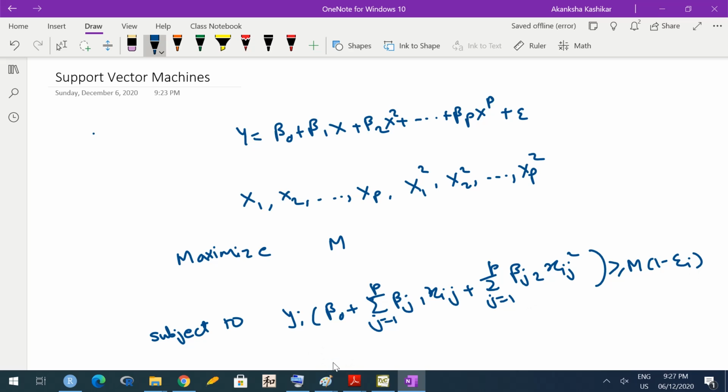And of course the other conditions still remain: summation epsilon i should be less than or equal to c, epsilon i is greater than or equal to 0, and now we have to worry about these betas as well as these betas.